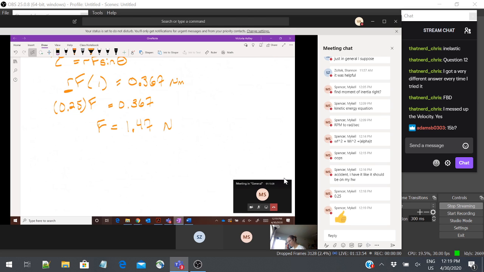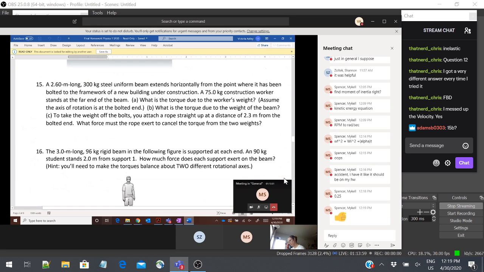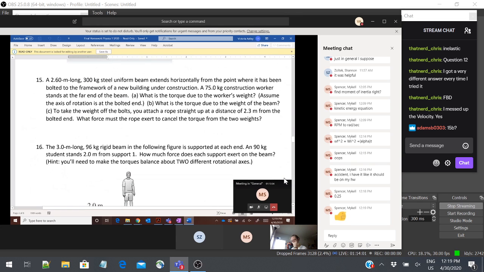15B. Okay. So you asked about 15B. Can I presume that you got 15A? So we have a 2.6 meter long, 300 kilogram steel uniform beam that extends horizontally from where it's bolted to the framework, right?